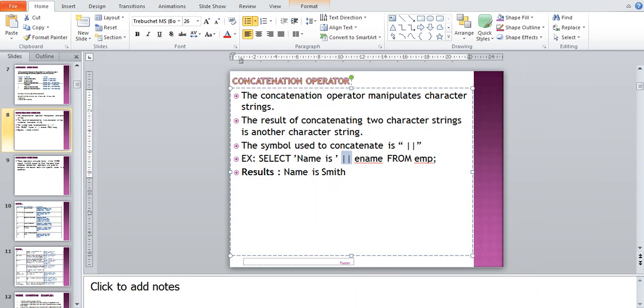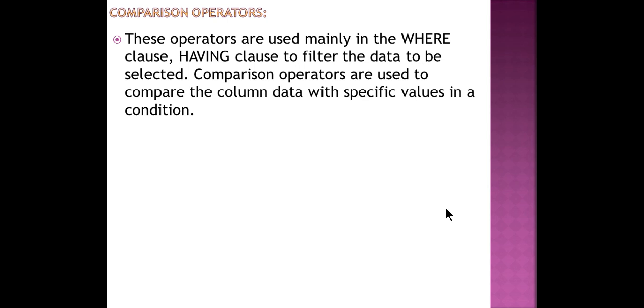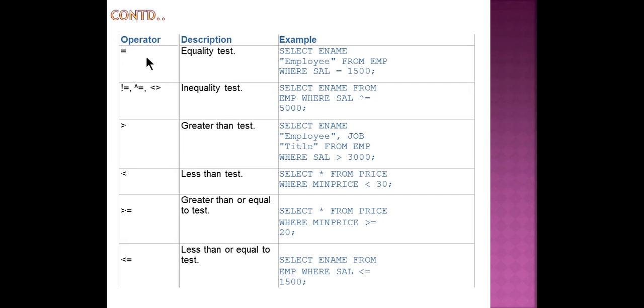Similarly, you can see there are some comparison operators. Equal to is a comparison operator. So if you execute select ename from employee where salary is equal to 1500, so salary is compared with 1500, so that is a comparison operator.